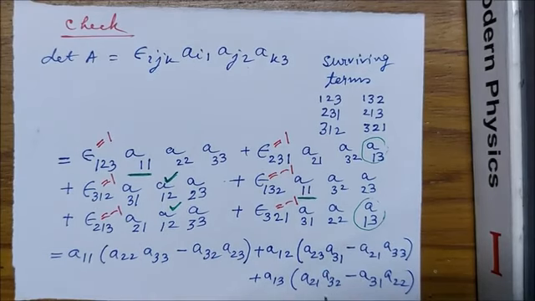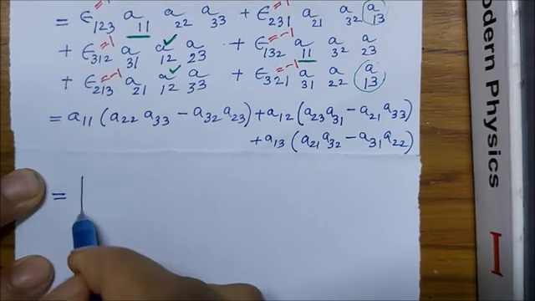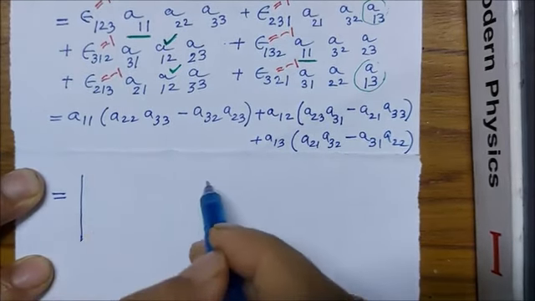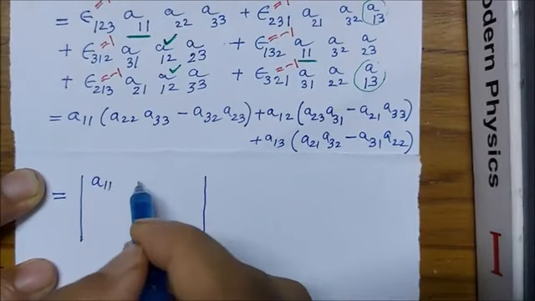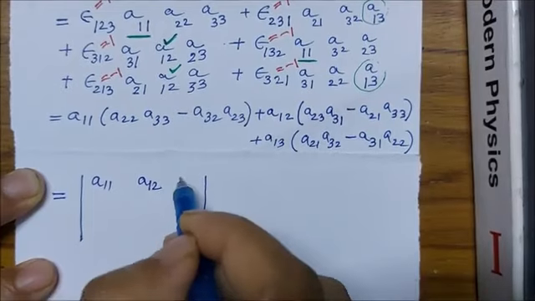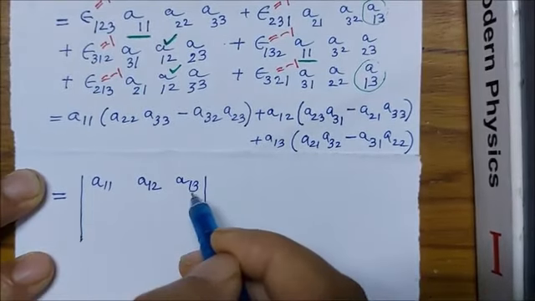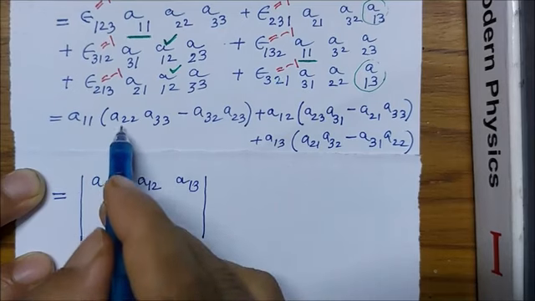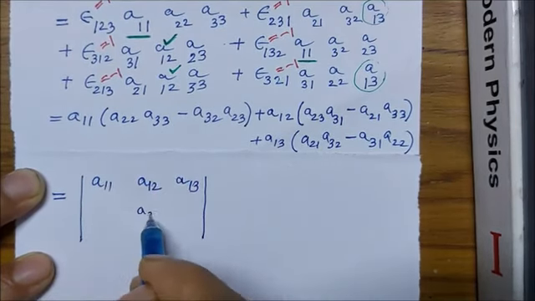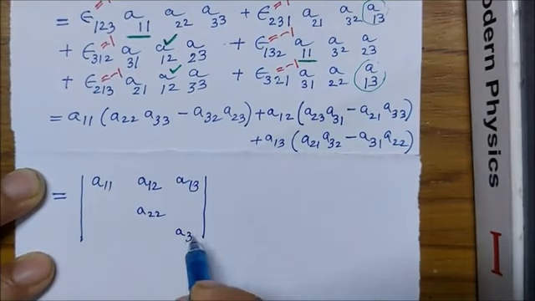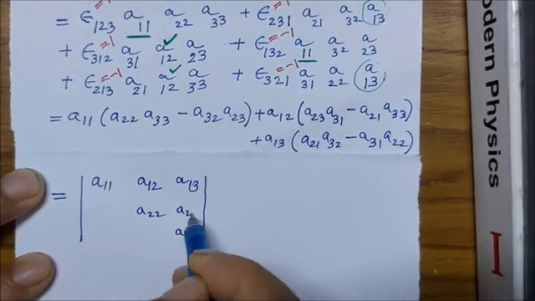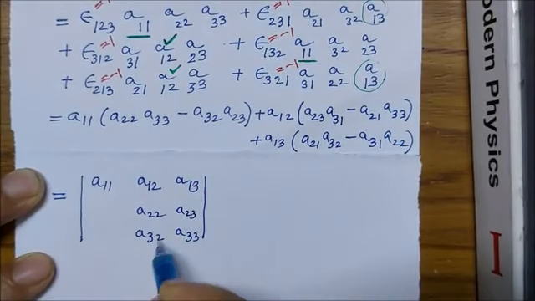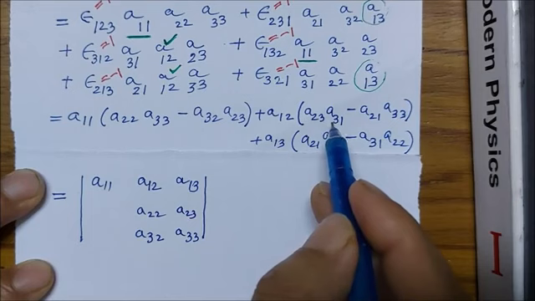Now this can be expressed through a determinant as follows. A11, A12, A13. So we get the first row. Then we have A22, A33. So let us place A22 here, A33 there, and then A23, A32. And then we have A23, A31.